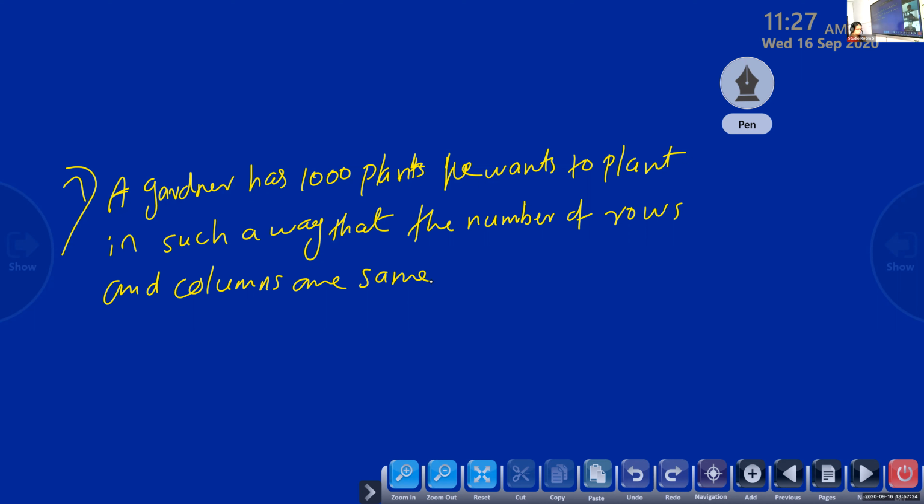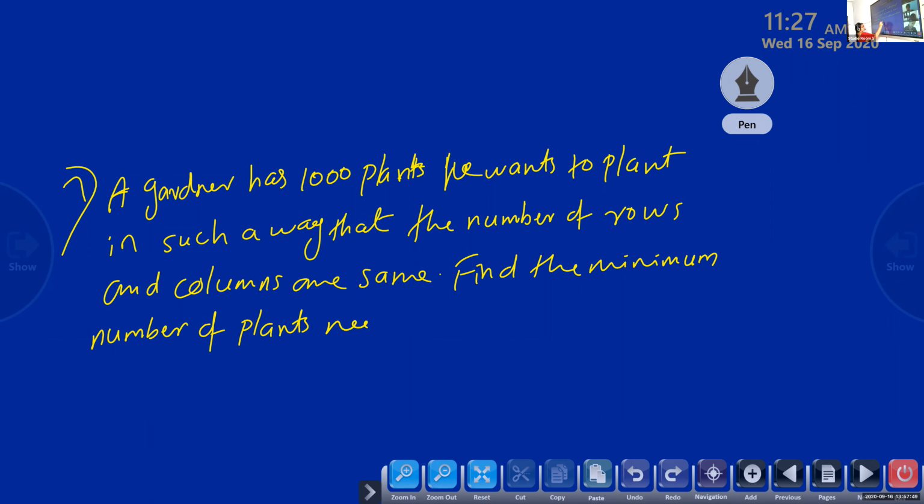Find the minimum number of plants needed more for this.